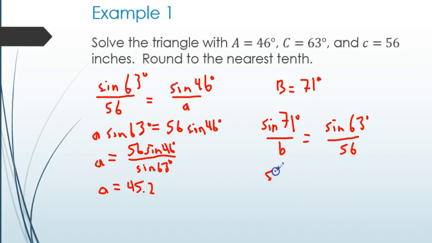So you should get 56 sine of 71, and then B times sine of 63. And then when you divide both sides by sine of 63, if you put this one in your calculator, 56 times sine of 71, and divide that by sine of 63, I'm getting 59.4.